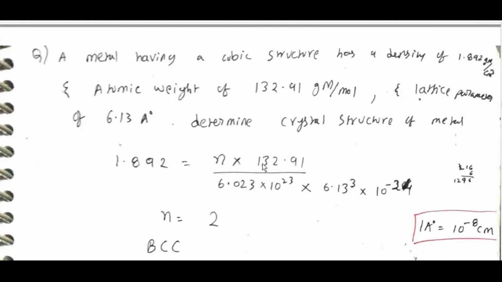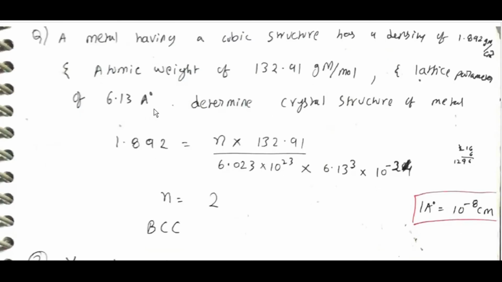A metal having a cubic structure has a density of 1.892 and atomic weight of 132.91 gram per mole. Lattice parameter is 6.13 angstroms.